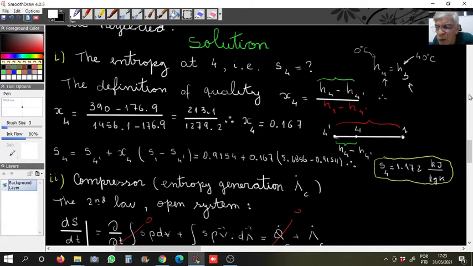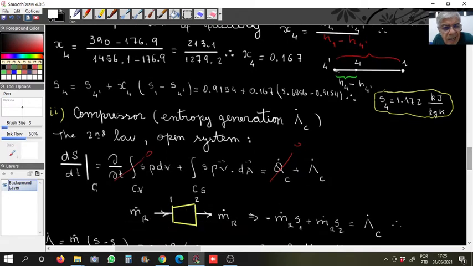I will use this quality to find the entropy at point 4. Attention now: at point 4, don't forget, you have liquid plus vapor.